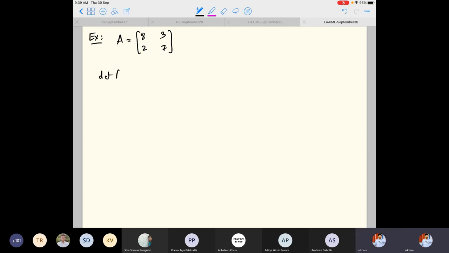So determinant of A minus lambda I is what you have to look at. So determinant of [8 minus lambda, 3; 2, 7 minus lambda], right? So this is what you have. If you expand this, what will you get? (8 minus lambda)(7 minus lambda) minus 6.